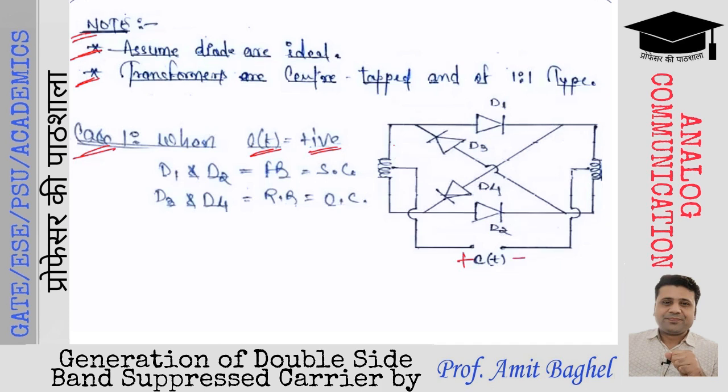Positive polarity will be applied to this coupling, hence this is positive with respect to this winding. That means this positive voltage will make D1 and this positive voltage will make D2 forward bias.